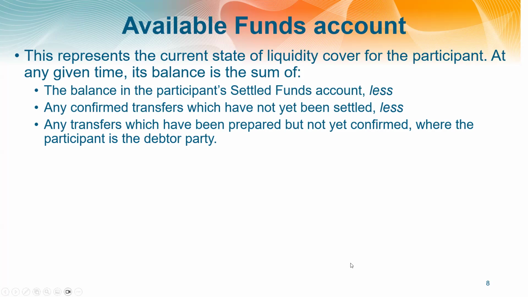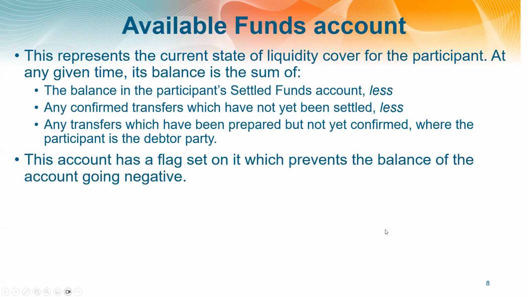So what we're saying is settled funds can be used up either by confirmed transfers which haven't yet been settled, or by transfers which have been prepared but not yet confirmed, i.e. where the liquidity check has been done and funds have been reserved.